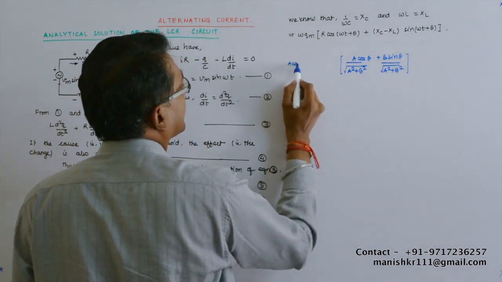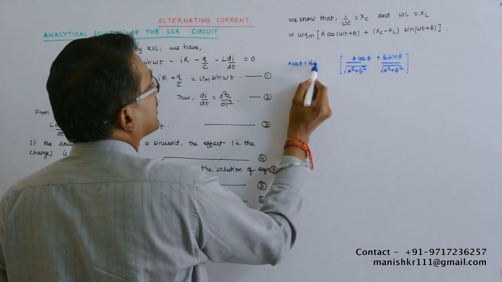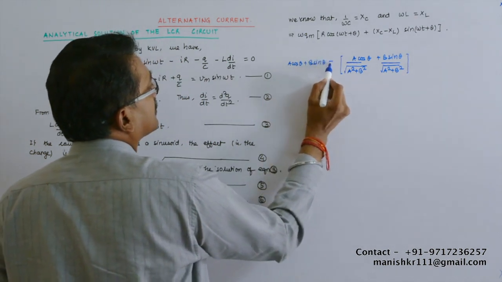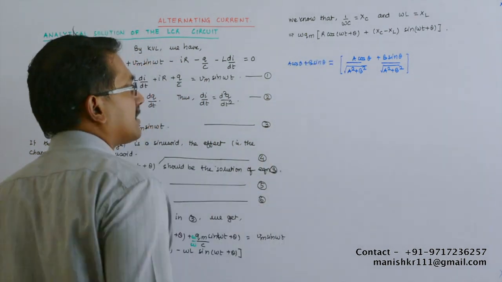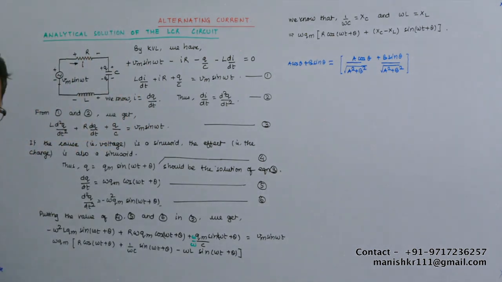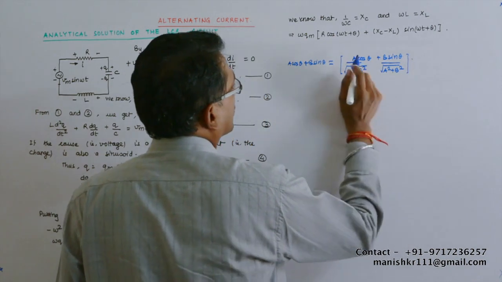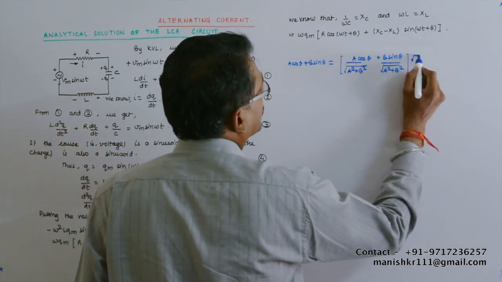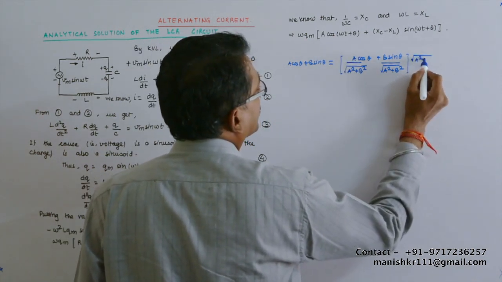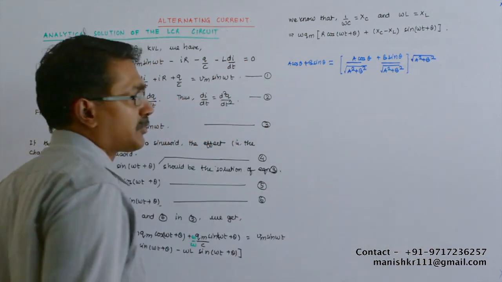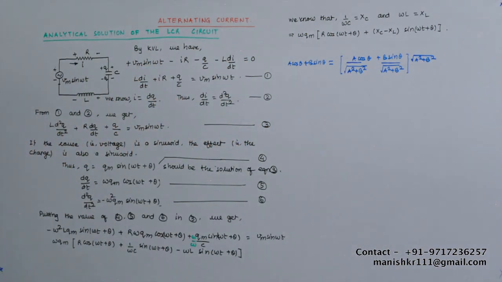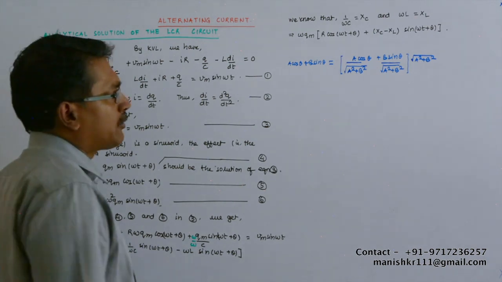so you understand, a cos theta plus b sin theta, I am trying to express it like this, into root over a square plus b square. That's quite possible. Why do I do that?